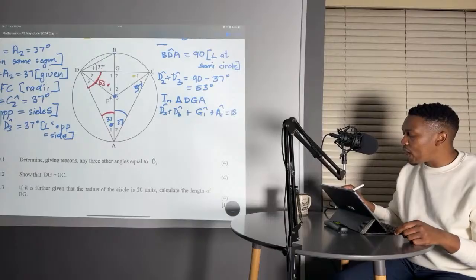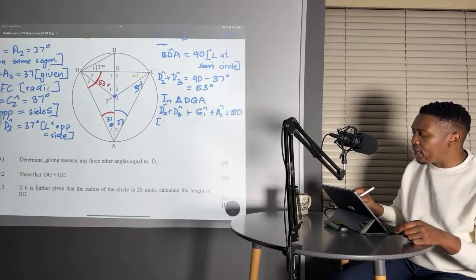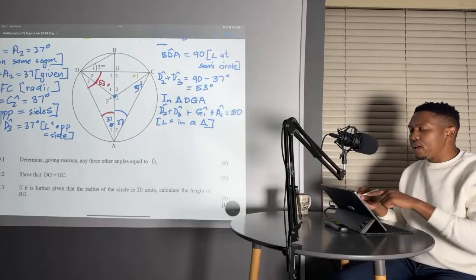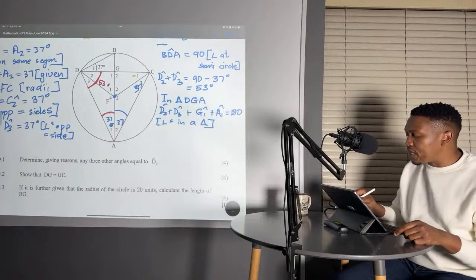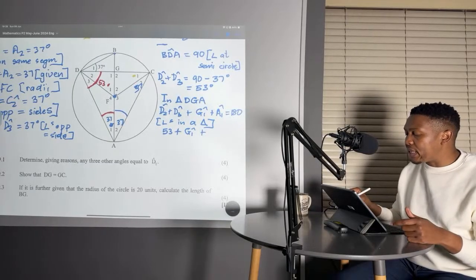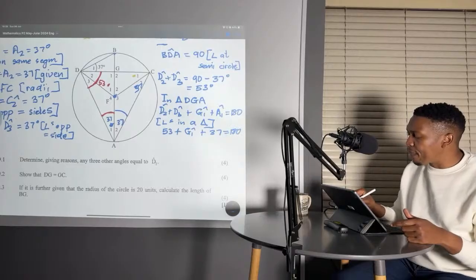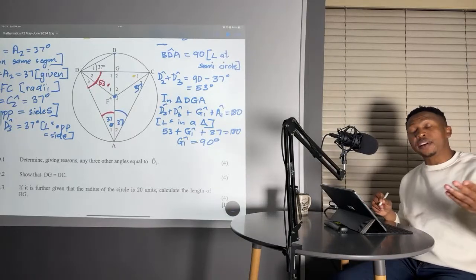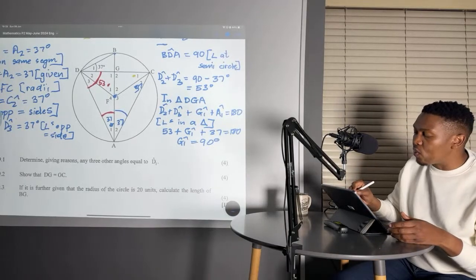This is equal to 180. We said D2 plus D3 is 53 degrees. G1 is unknown, that's the one that we want. But we did say that A1 is 37 degrees. And this is 180. So that means that G1 is equal to 90 degrees. And there it is. We've proven that G1 is equal to 90.